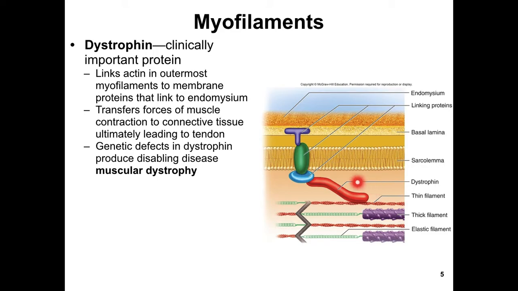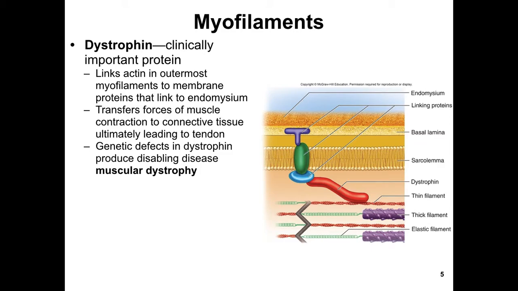Dystrophin attaches to thin filaments on one side, and on the other side, it attaches to a set of membrane linking proteins that go through the sarcolemma and attach to the endomysium.